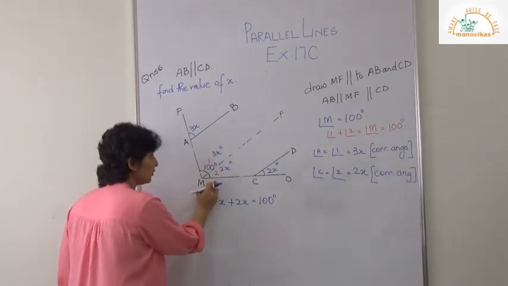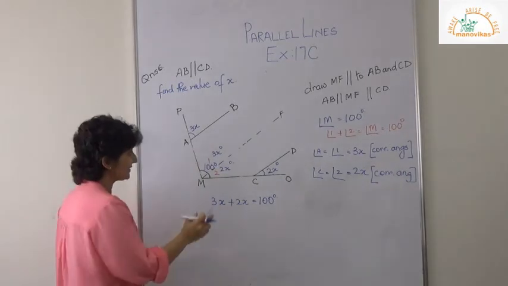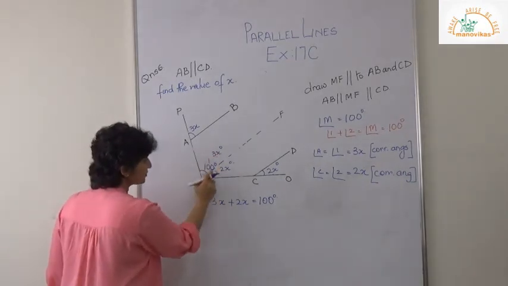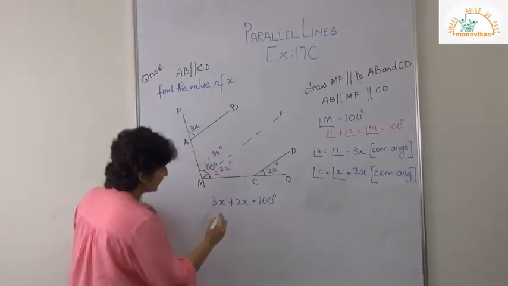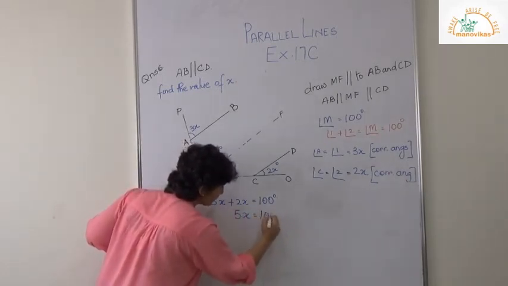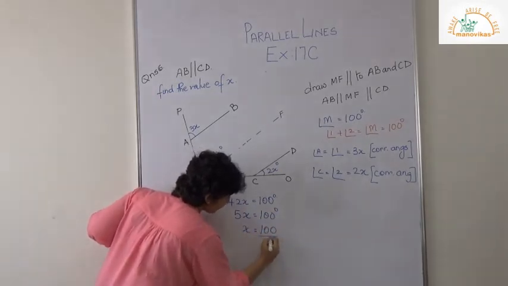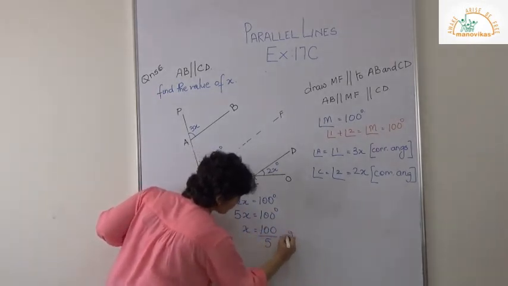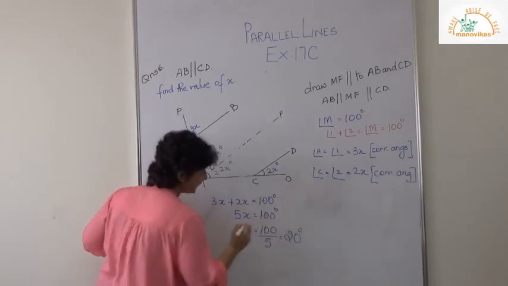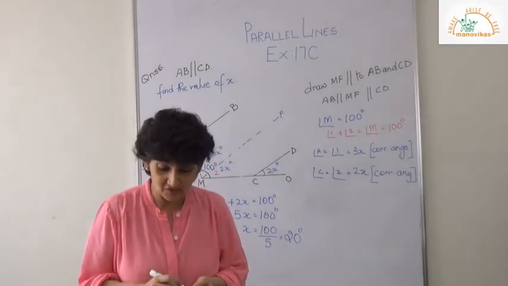So you know this full angle 1 plus angle 2 is equal to 100 degrees. And at the same time 3x plus 2x is equal to 100 degrees. 3 plus 2 is 5x, which is equal to 100 degrees. So x is equal to 100 upon 5. So you get 20 degrees. So you found the value of x. I hope you have understood this.